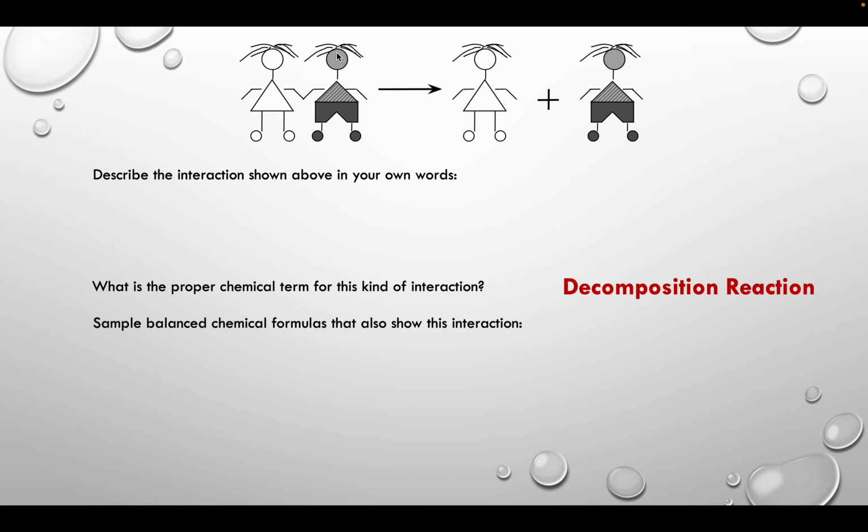Just like I had a couple up here, they were together and then they fall apart into separate pieces. Chemically, this is going to look like this. You saw this reaction before, backwards. I'm going to start off with ammonia and I'm going to decompose it into its individual elements, the nitrogen and the hydrogen. Or here, I could take water. We could split the water into oxygen and hydrogen.